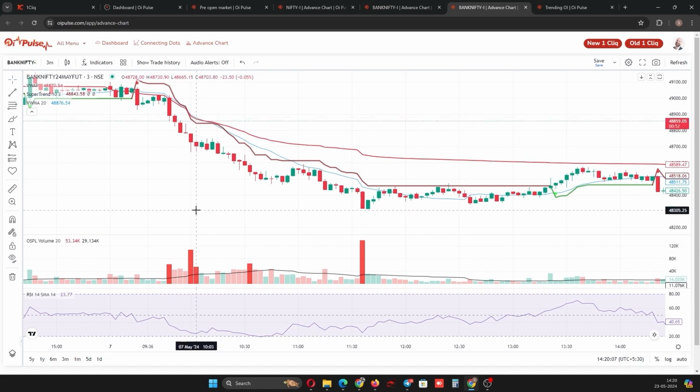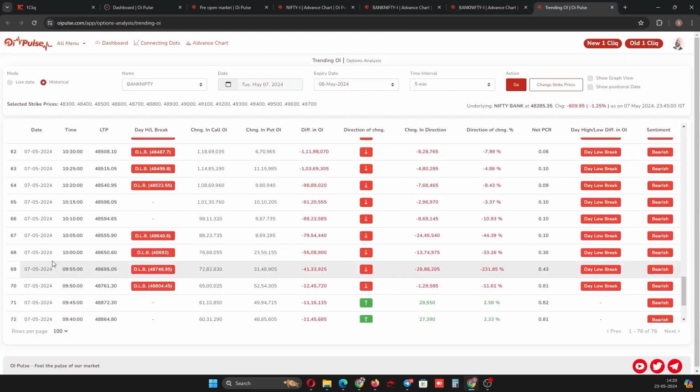And at that time, we will check what was the market on 7th, 10 o'clock. At 10 o'clock, the continuous bearish is continuing, and if you see the day's low is continuously breaking on difference in OI. It is a clear sign that market is also on downtrend.